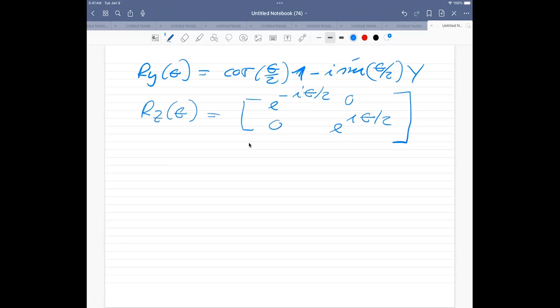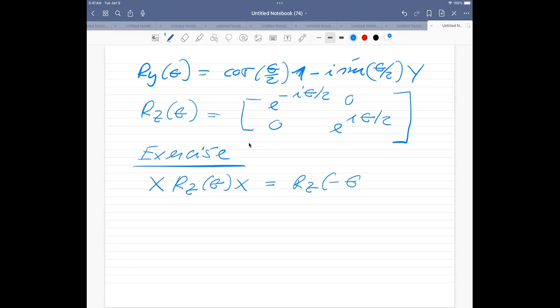And there are some operations here which you can look at as an exercise. Just as a small exercise, you can show that if I act with X times the Rx matrix, this is the same as Rx of minus theta.